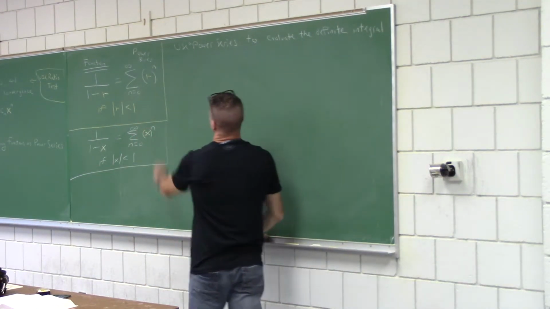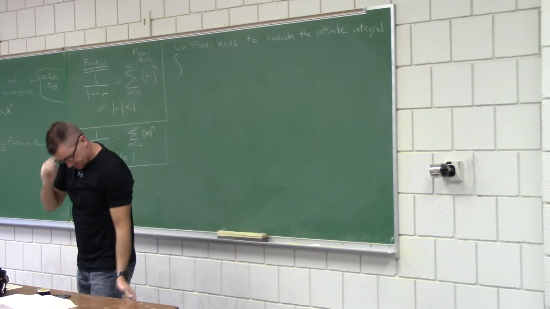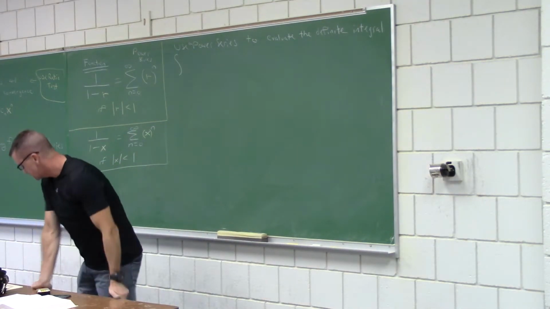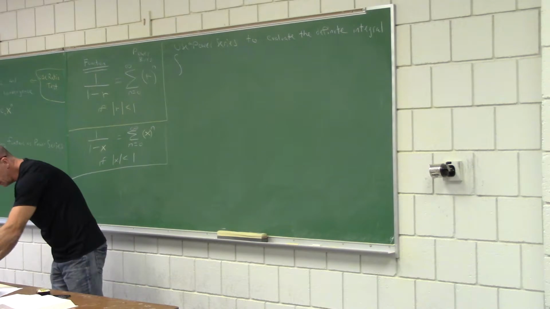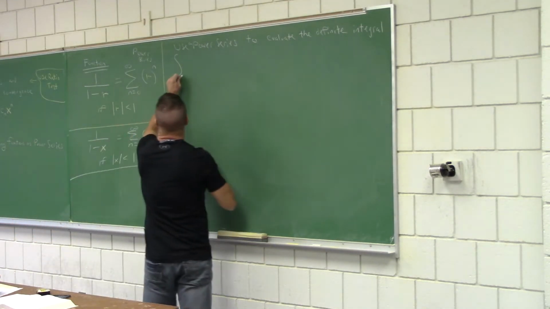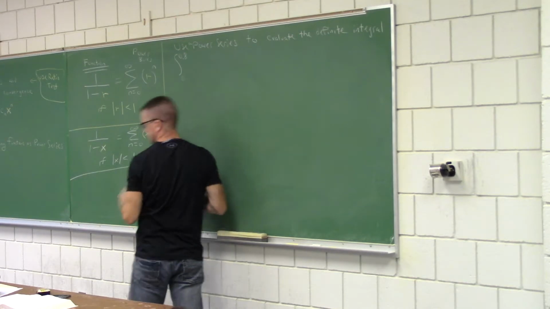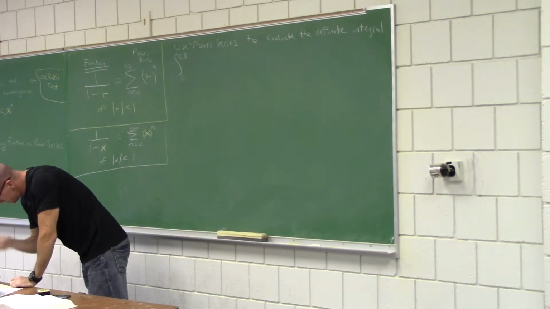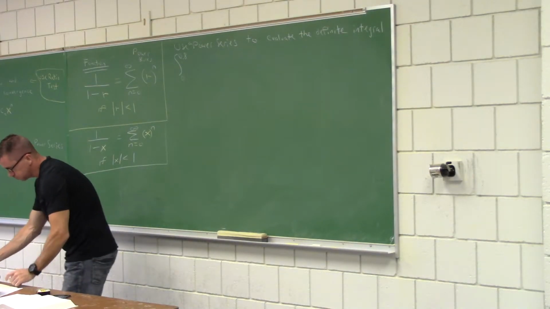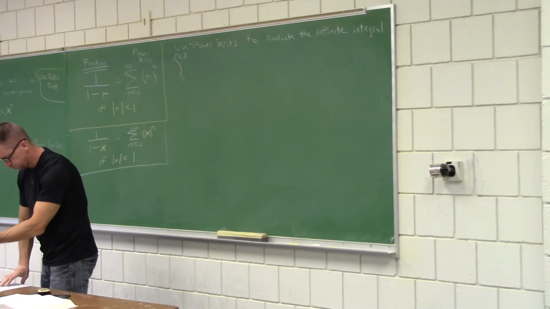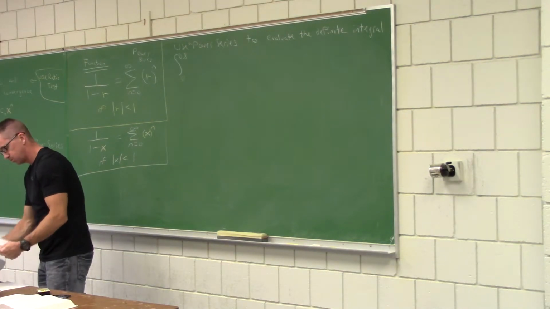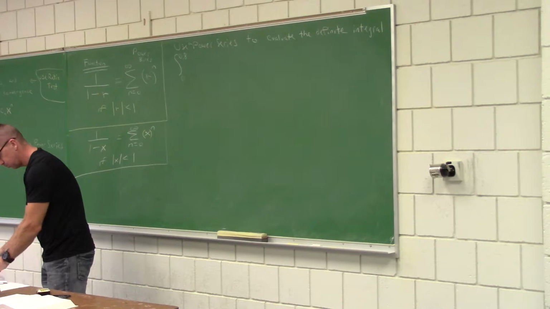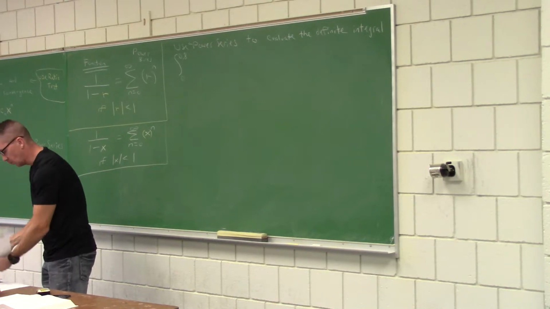What do you got? This problem is like number 29. Over here, the interval goes from 0 to 0.8. Yep, 1 over 1 plus x to the 7th.